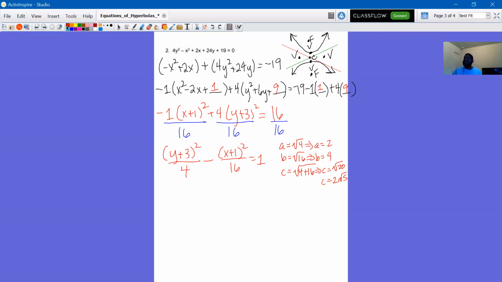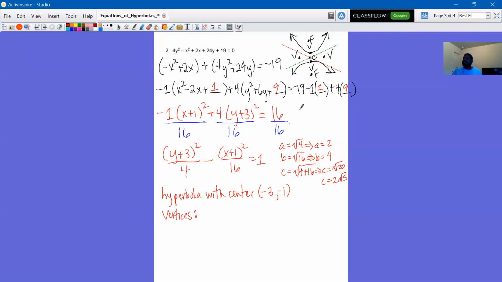So we have a hyperbola with center -3, -1. Vertices: I have to be careful again what I add and subtract to which part of the center.